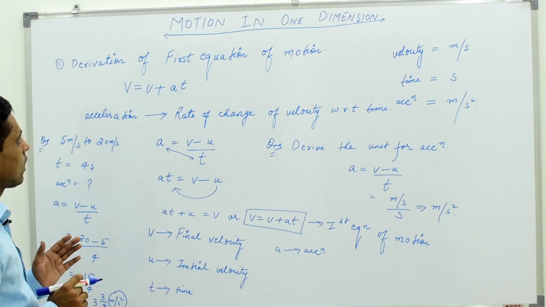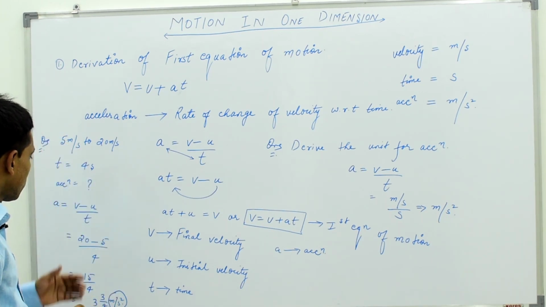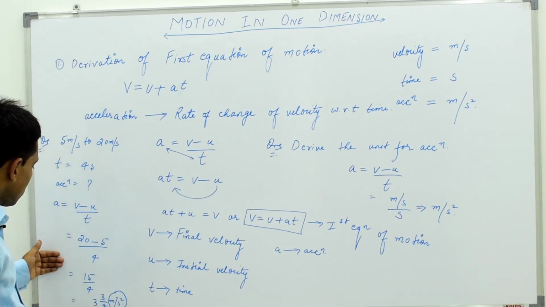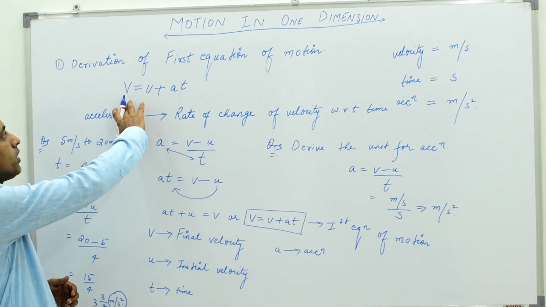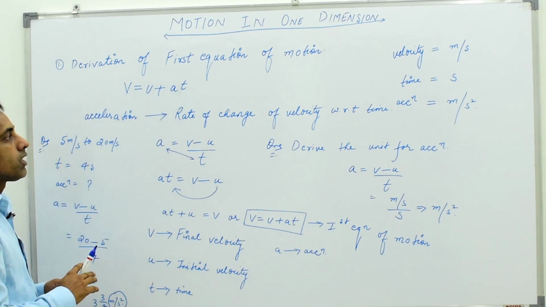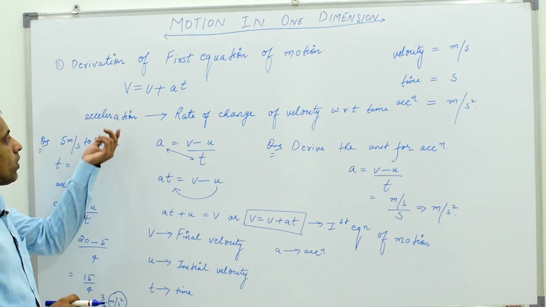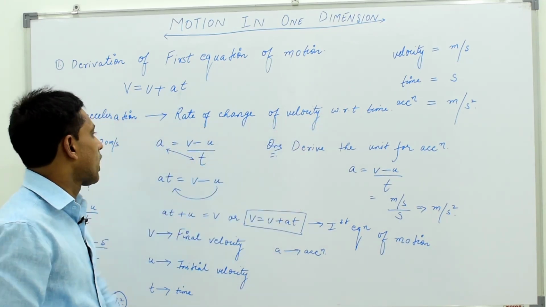So this is all about derivation of first equation of motion, and a simple problem was given to you for the practice that we have to calculate the acceleration. See, very simple, V is equal to U plus AT. This is the first equation of motion. We already know that acceleration is rate of change of velocity with respect to time.